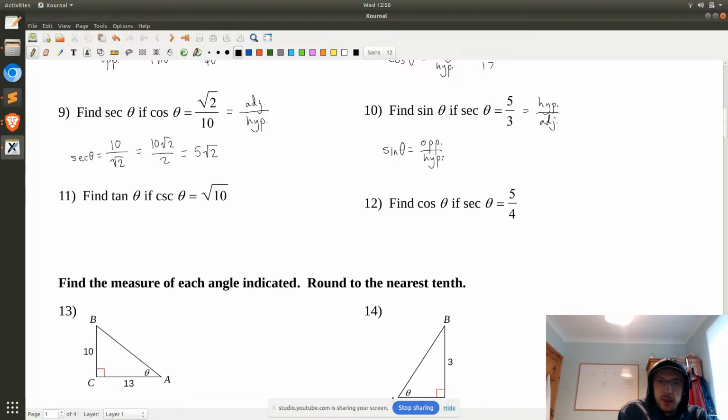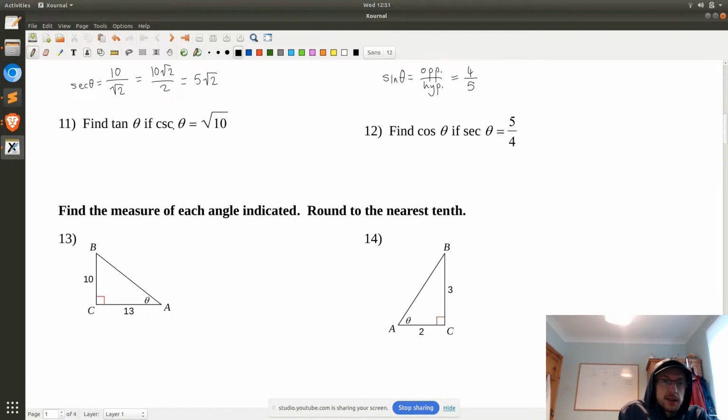So we have the hypotenuse, it's going to be 5, but we don't have the opposite. So we just use the Pythagorean theorem, and this is obviously the 3-4-5 triangle. So it will just be 4 over 5. And we check, and that's correct.